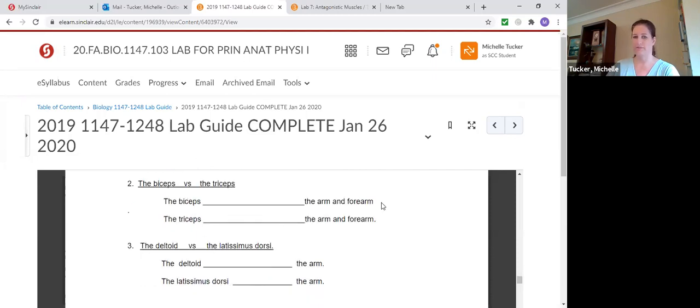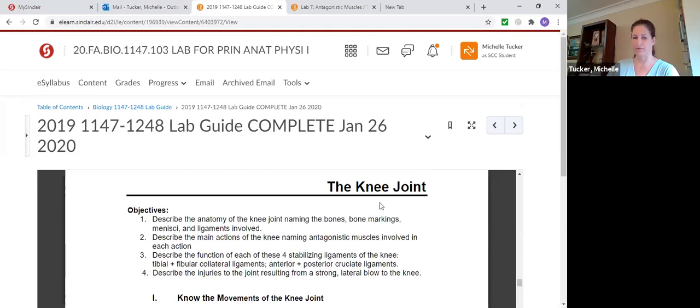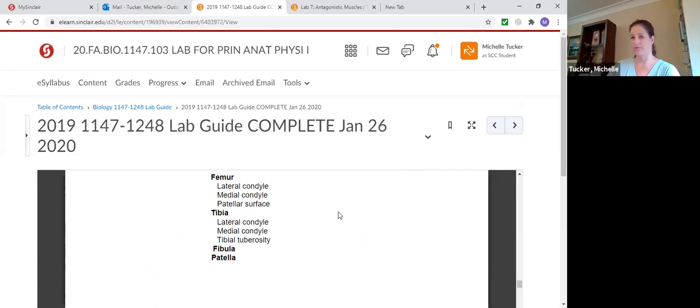So the information from the lab guide is important to know, especially for the lab exam, because that's where the information for the lab exam is taken from. And then the pictures are taken from that photo atlas.